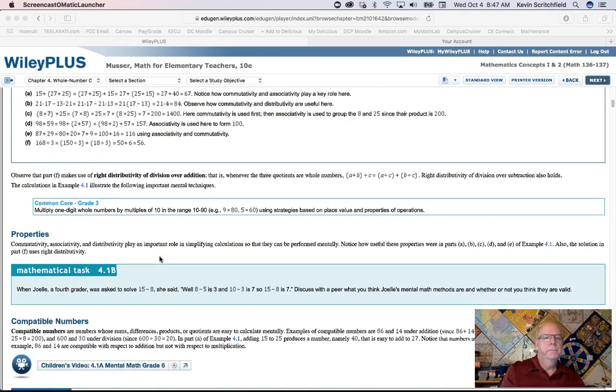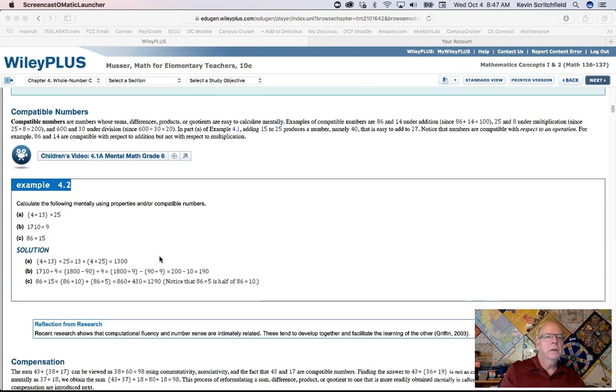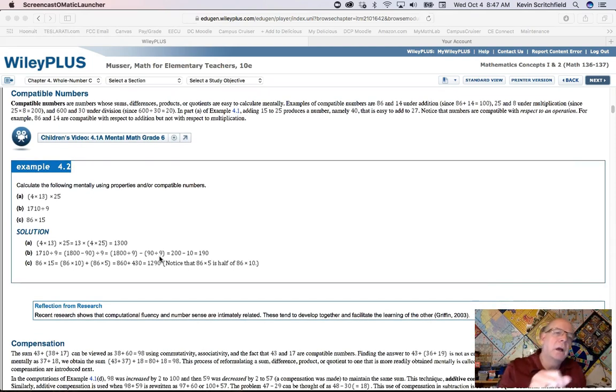All right. Okay, we're going to go down here to the next example, example 4.2, and we're talking about a concept called compatible numbers. And really we were already using this concept in some of those examples that we were just doing. And so just reading here, it says compatible numbers are numbers whose sums, differences, products, or quotients are easy to calculate mentally.